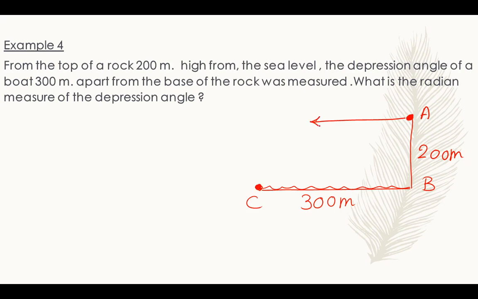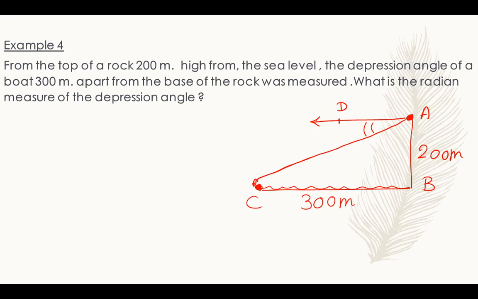So we will write horizontal ray AD parallel to BC, and the angle of depression will be from the observer's eye to the object. So this is the angle of depression. The depression angle of a boat 300 meters apart, so BC equals 300.